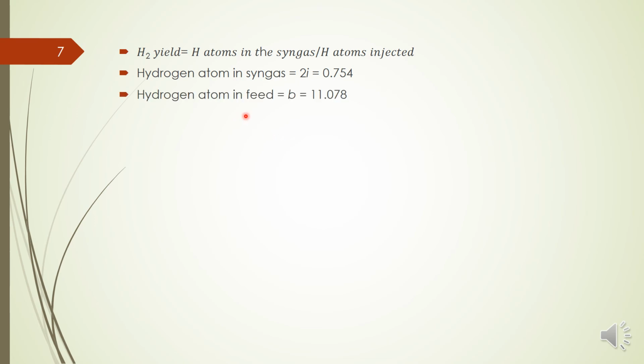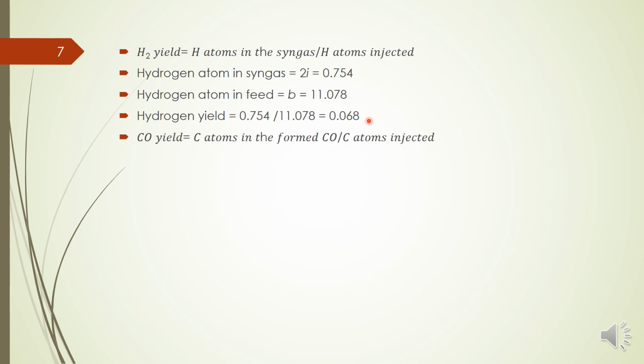Hydrogen atom in the feed, that is injected, means hydrogen atom in the biomass, is only 11.078. So that ratio is known as hydrogen yield: hydrogen atom in syngas divided by hydrogen atom in the biomass composition. So hydrogen yield in this problem will be 0.754 divided by 11.078, that is 0.068.